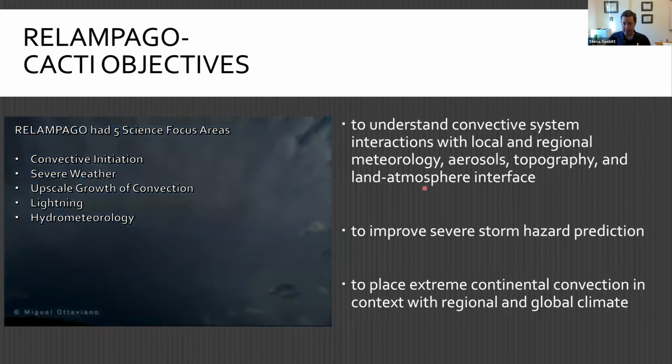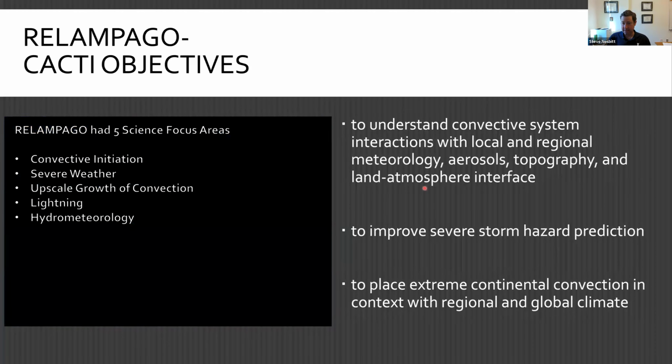But our broader goals were really to understand the interactions of convection with local and regional meteorology. And as you'll see, we had aerosol instrumentation as well, and also land-atmosphere interaction sites. We had the National Weather Service involved to improve severe storm prediction in South America, and also to understand these storms in the context of regional and global climate.